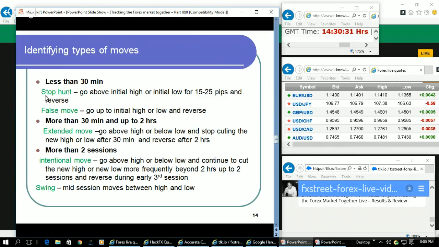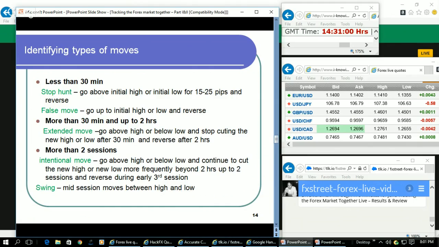Then you do the market reading by identifying the type of moves they are doing, namely stop and false move, extended move, and the intentional move. They alternate the extended move with the intentional move. So if the intentional move is on the upside, now the current month trend, then they make a downward extended move for 2 hours and then continue to gain the level, then for 2 sessions make an extended move.